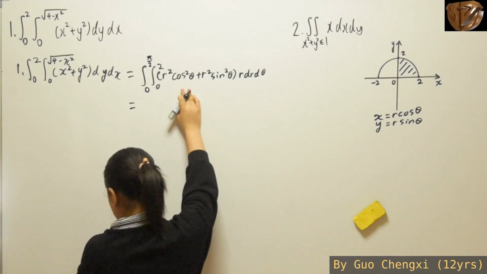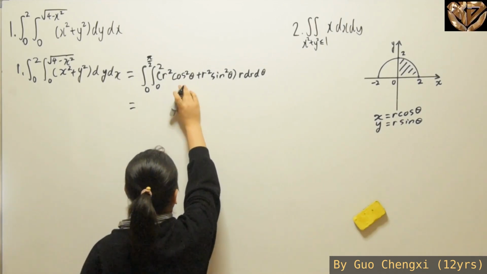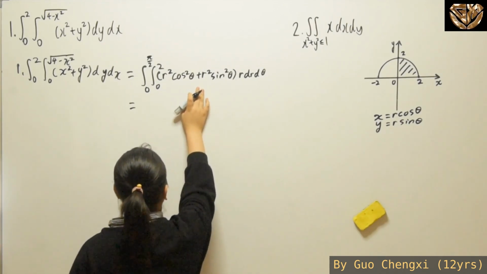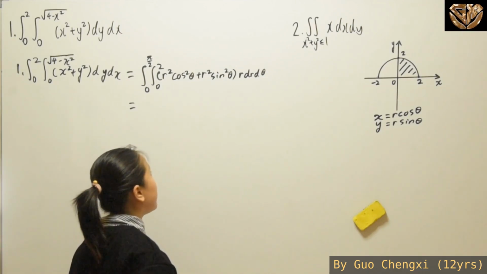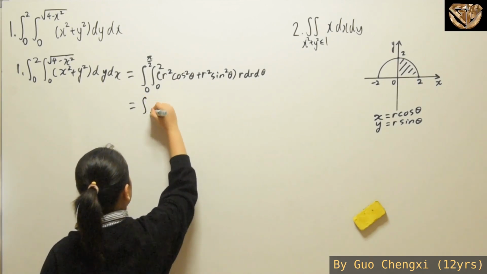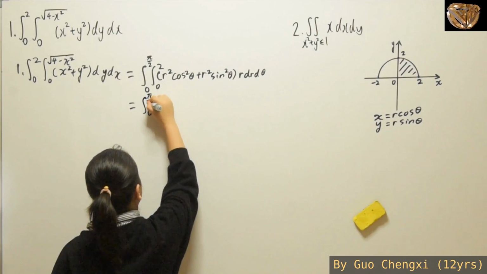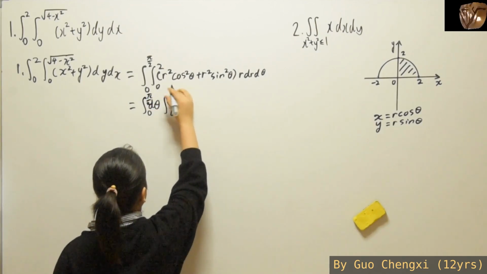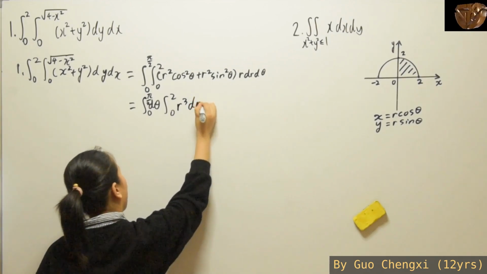We can take out the r squared, and we end up with cosine squared theta plus sine squared theta. But what's so special about that? Cosine squared theta plus sine squared theta is equal to 1. So you're just going to end up with this r squared times r, giving r cubed dr.